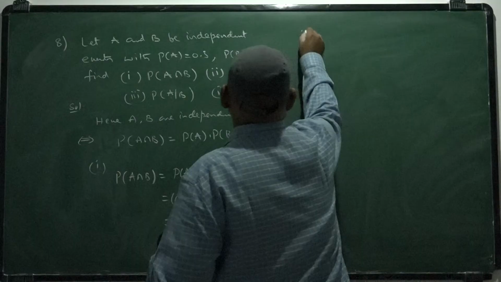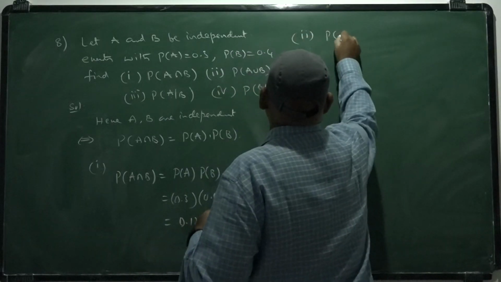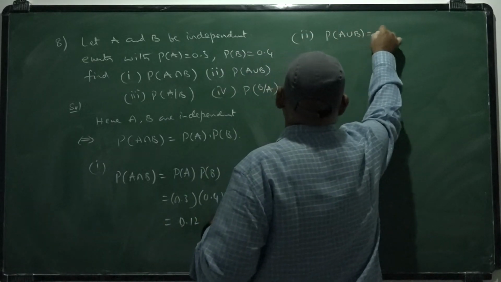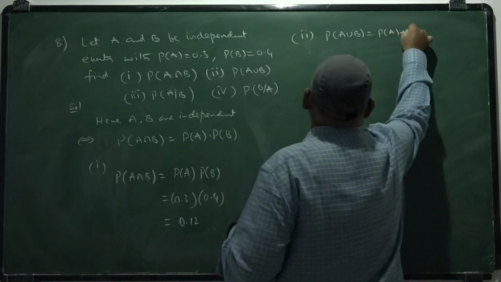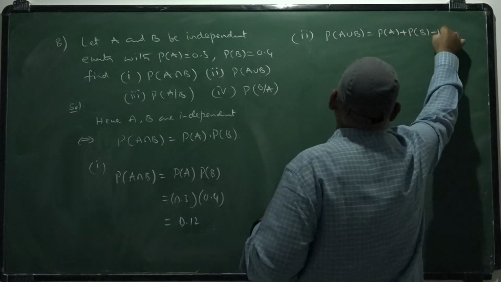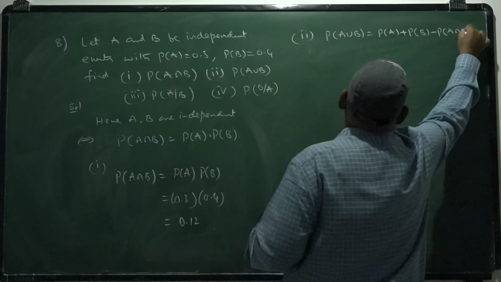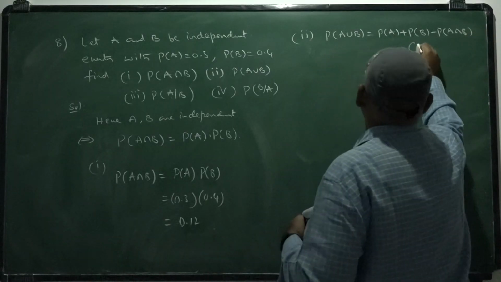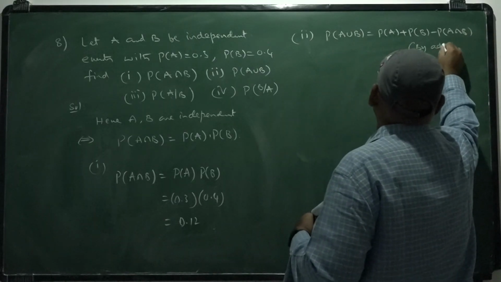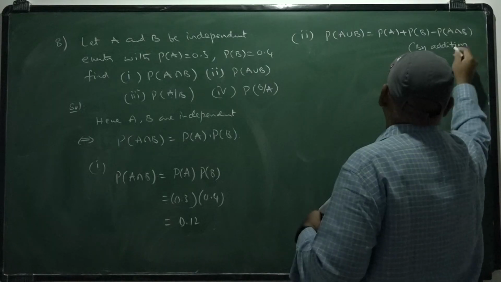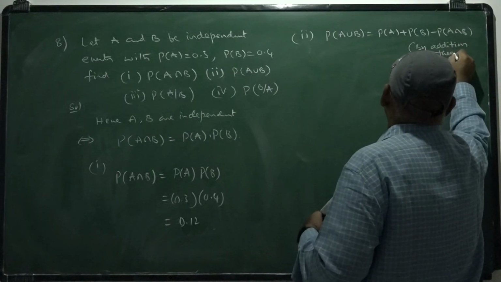The second case is probability of A union B. This is P(A) plus P(B) minus P of A intersection B by the addition theorem of probability.